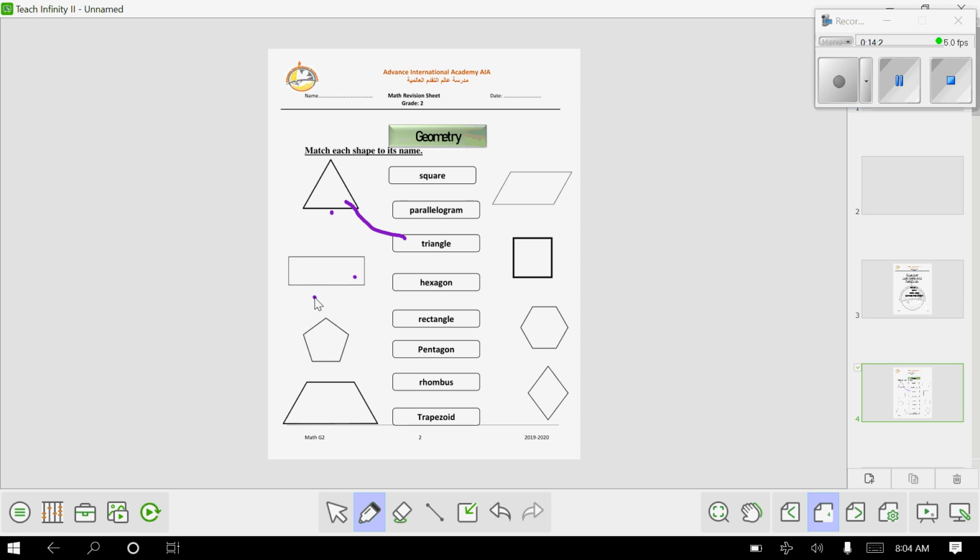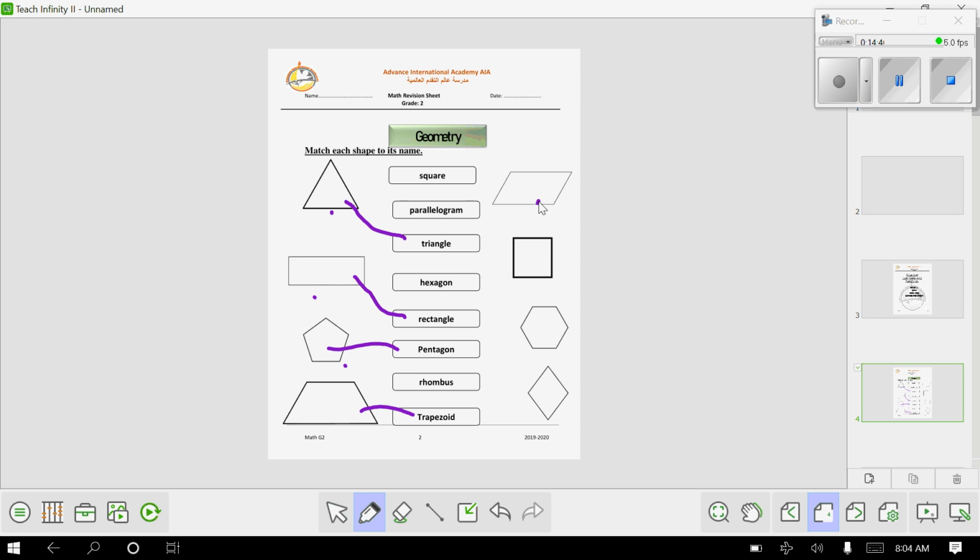Excellent, it's a rectangle. What about this shape? If I don't know, I remember that by the number of sides. 5 sides. So what do you call this shape? Pentagon. What about this shape? It's like a skirt. Excellent, trapezoid.